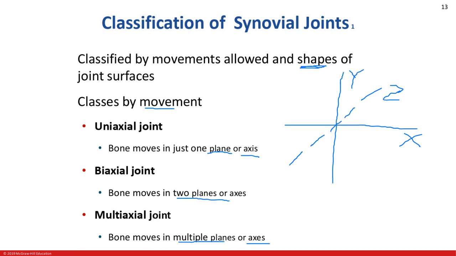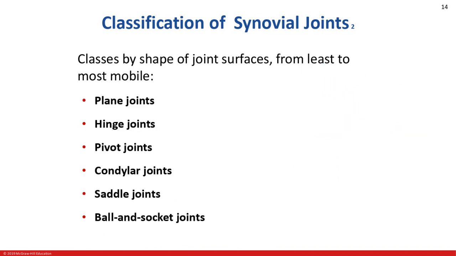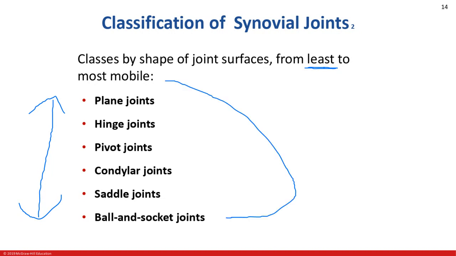So, let's check out all these different classifications of our synovial joints. At the top, the plane joints are going to be the least mobile, and then the most mobile will be here at the bottom. Okay, so plane joints are the least mobile type of synovial joint.